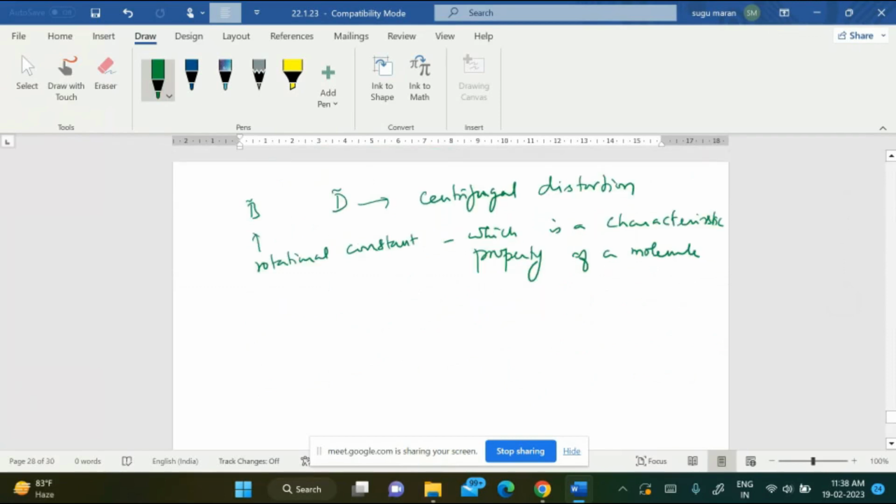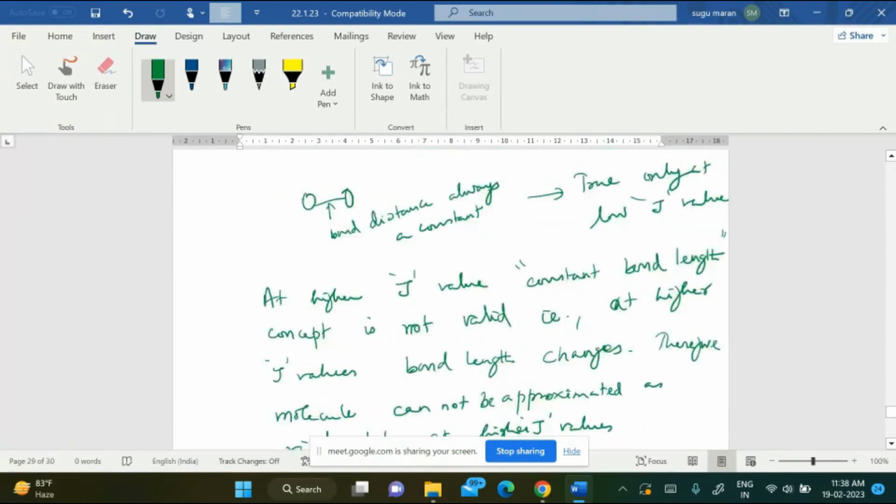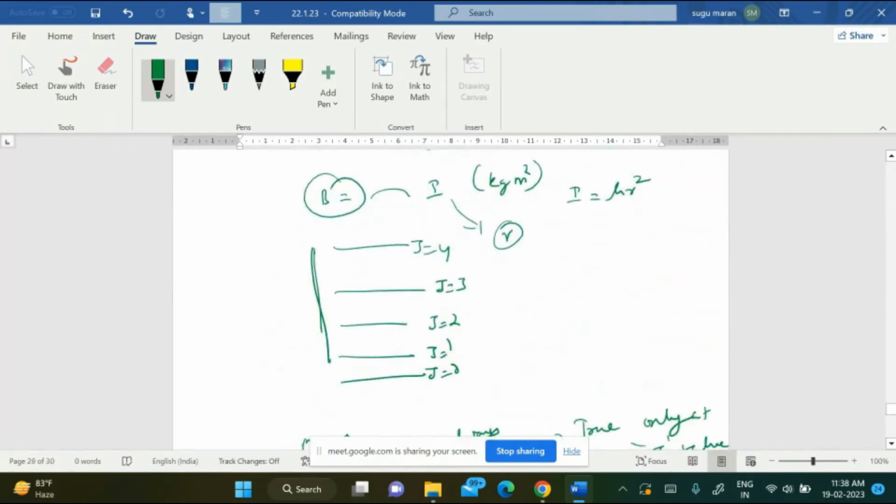So what is the relationship between these? When you compare the energy levels, this is the rigid rotator assumption, where the molecule is assumed as a rigid rotator. But when the same molecule is assumed as a non-rigid rotator, that is my new way of looking at the molecule.